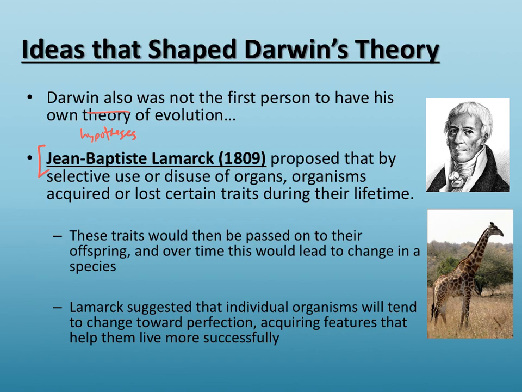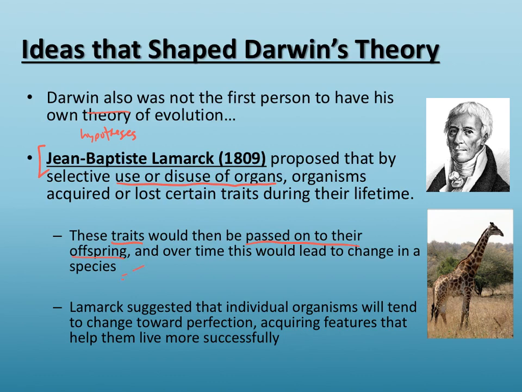And Lamarck focused on use or disuse. He suggested that organisms would obtain or get rid of a trait during their lifetime. And then that trait that develops will be passed on to their offspring.